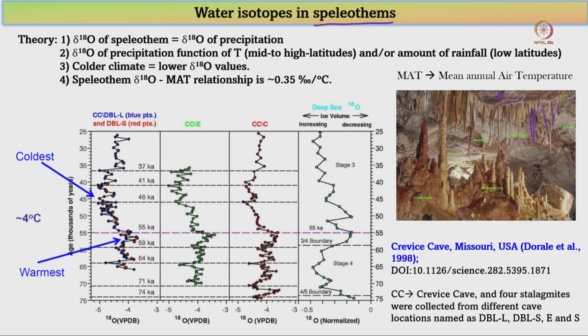There can be stalactites, there can be straws, there can be columns, there can be flowstone, there can be stalagmites. Stalagmites are structures which form from the ground. They grow from the ground, and as the water drips, the carbonate starts forming.